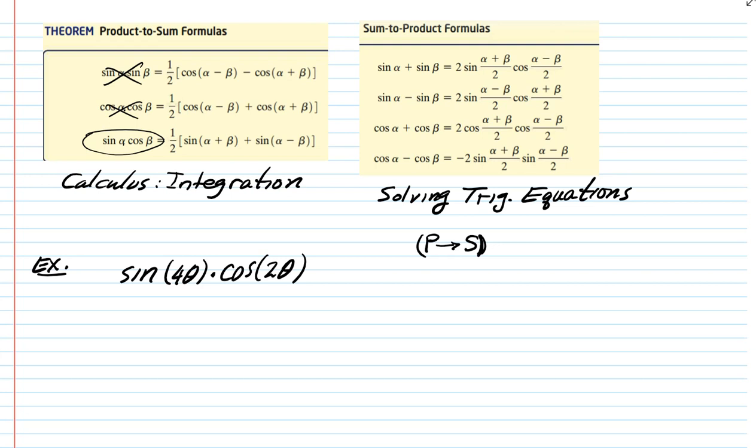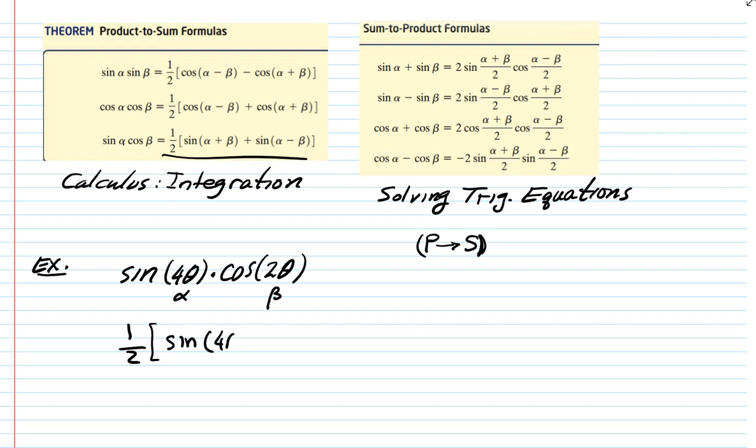So I'm just going to follow the right side here. This is alpha, and this is beta in the general form. All right, so here we go. The product to sum is going to be 1/2 of the sine of the sum of the two angles, 4 theta plus 2 theta, plus sine of the difference between them, 4 theta minus 2 theta. Now subtraction is not commutative, so you have to be careful which you subtract from.